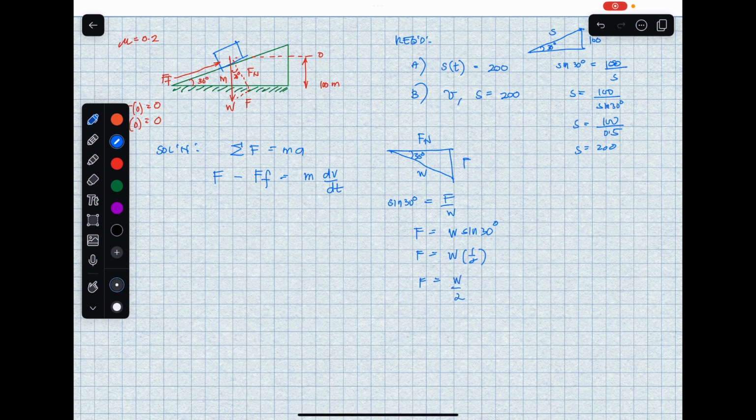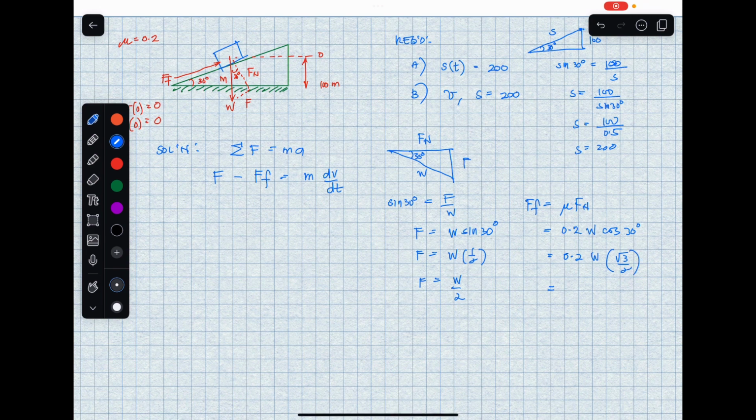For the frictional force, it is the coefficient of friction times the normal force. We have the coefficient of friction to be 0.2, and Fn would be W cosine 30 degrees. So 0.2 W, and cosine 30 degrees is square root of 3 over 2.